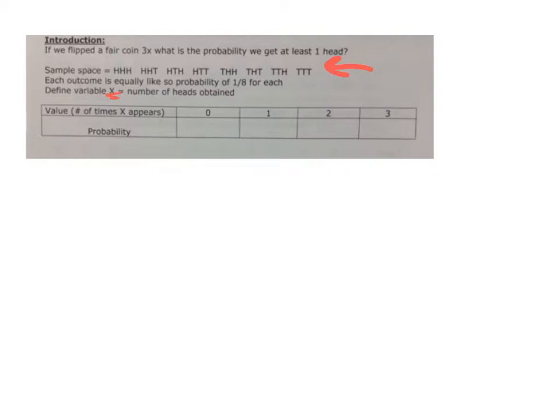If I look down here at this table that I have set up for you, I've got my value, the number of times X appears. X could appear 0 times, which would be this one right here. X could appear 1 time, which would be this one here and this one here. X being heads, remember, I could get heads 2 times, which would be this one and this one.